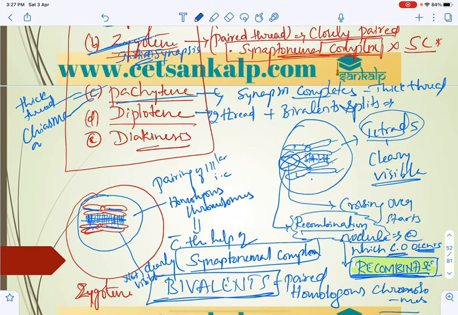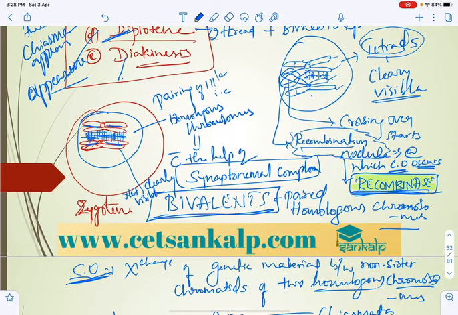Keep it in mind: chiasma appears in pachytene but is clearly visible in diplotene, and then the chiasma disappears. Terminalization of chiasma happens in diakinesis. So keep it in mind.